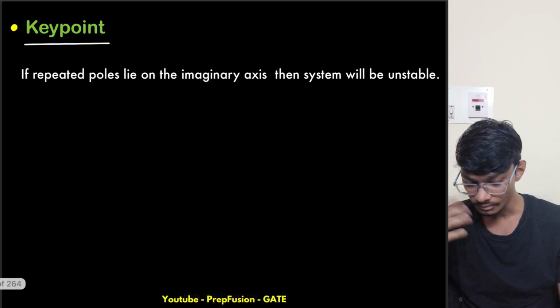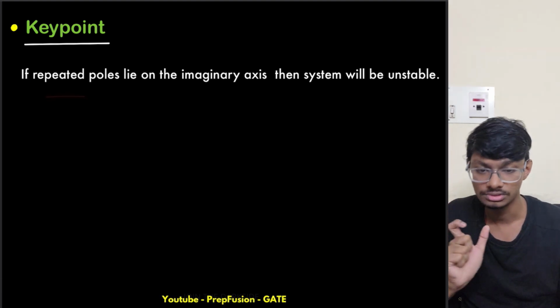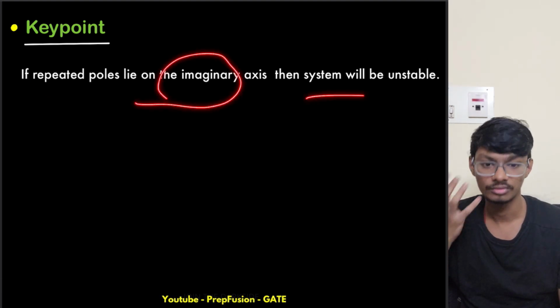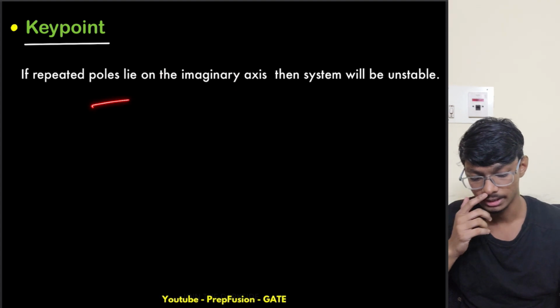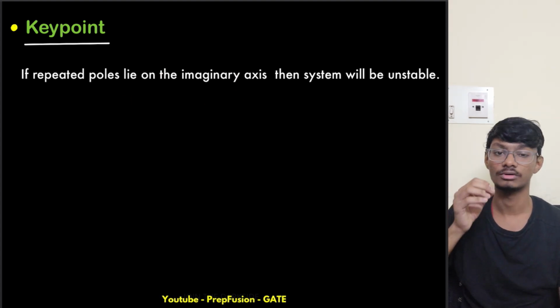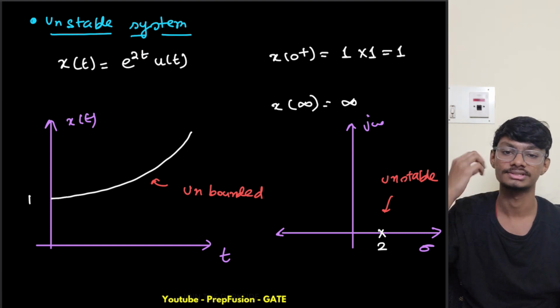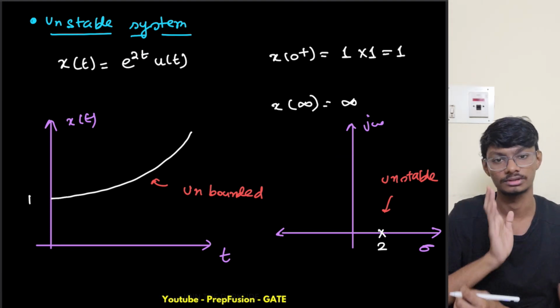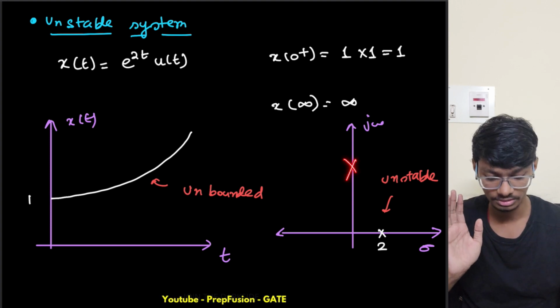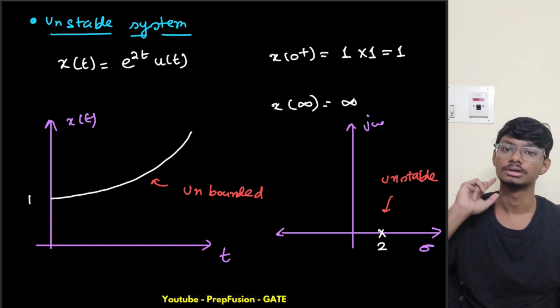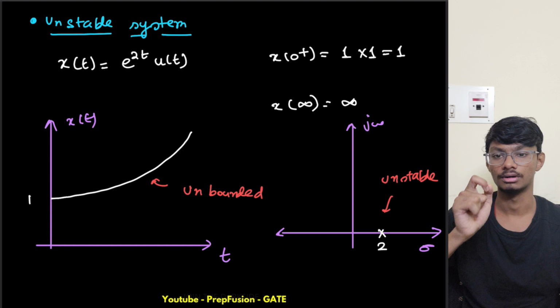Now if repeated poles lie on the imaginary axis, then the system will be unstable. So if you have two poles at s equals minus j2, then the system will be unstable. If we have complex conjugate poles on the imaginary axis, then the system will be marginally stable.